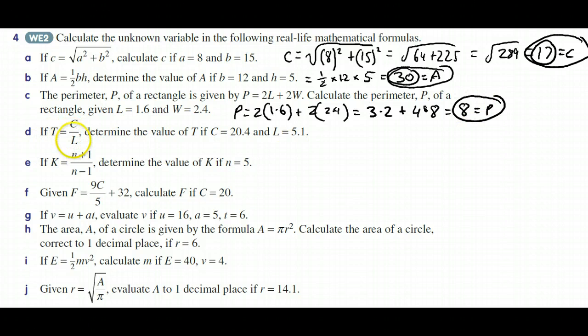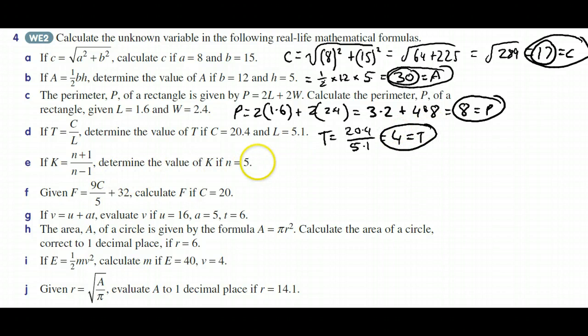In this one we've got T equals C over L. We've got to find T. So T equals, C is 20.4 and L is 5.1, and I can actually see that this is 4 times that, so it's just going to be that divided by that, which is 4.